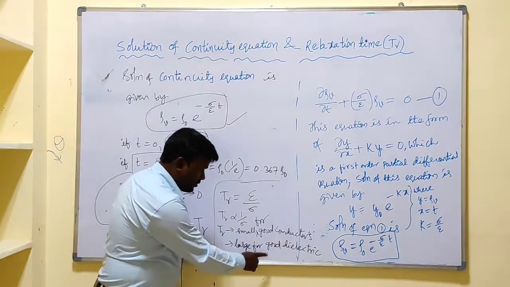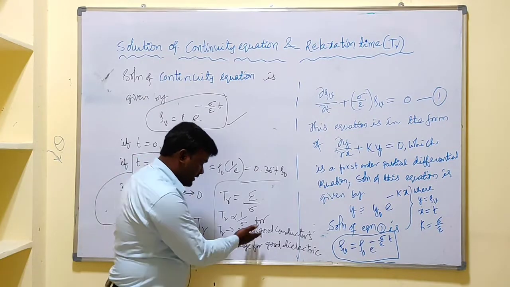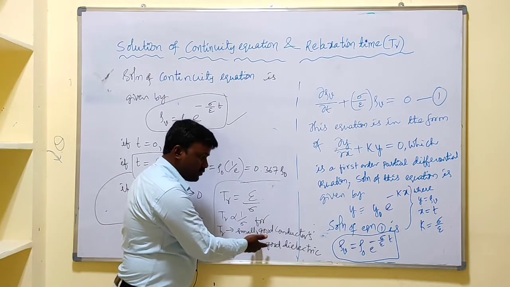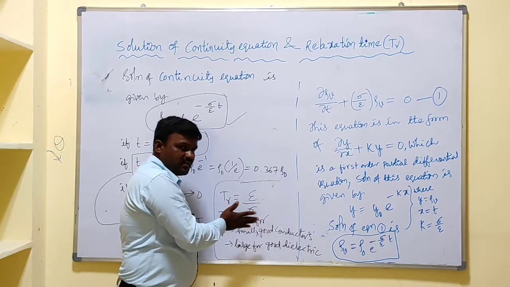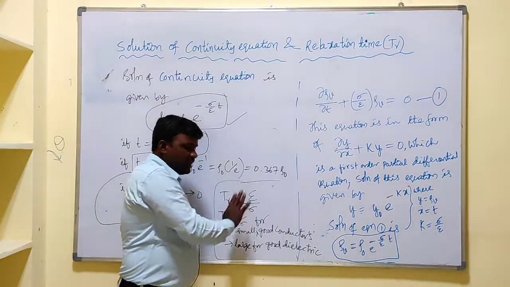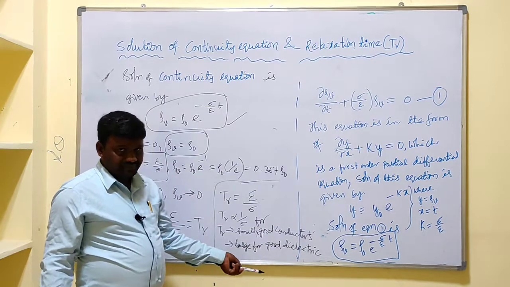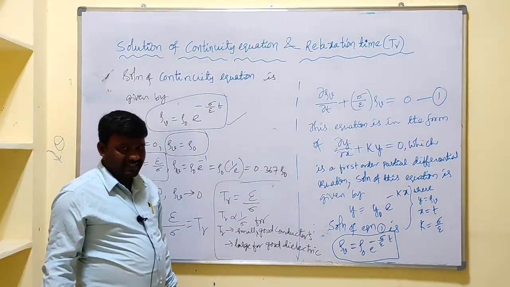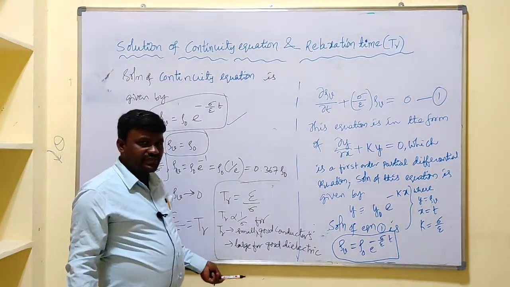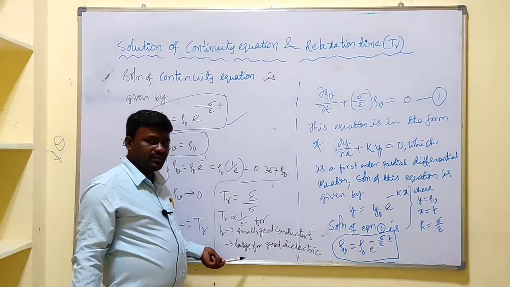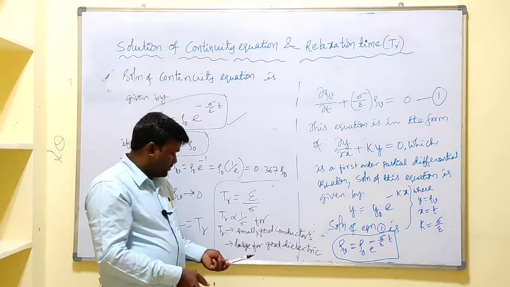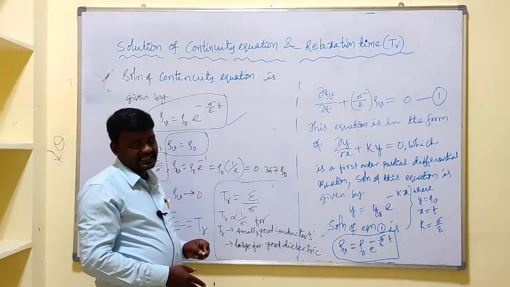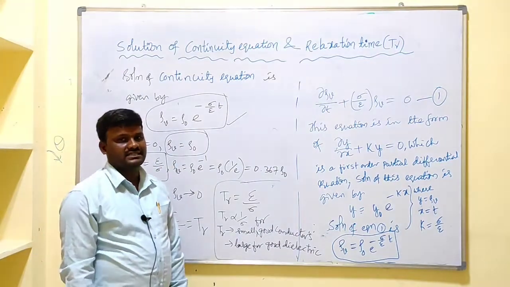In a conductor, charge can be freely moved, whereas in a good dielectric, TR is large, so it takes a large time to spread over the dielectric surface. That is why conductivity is less in a good dielectric.